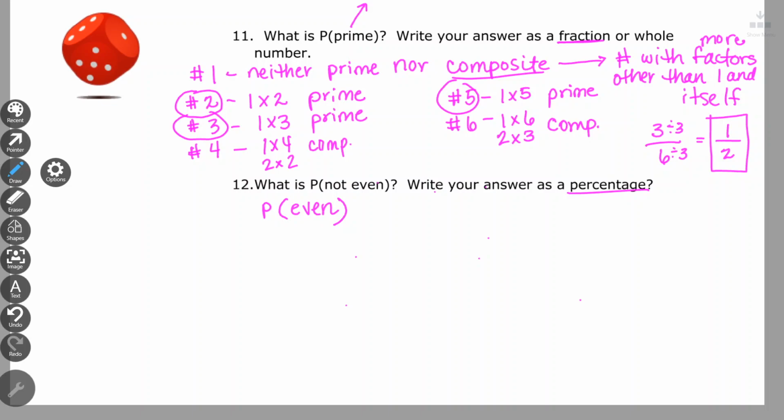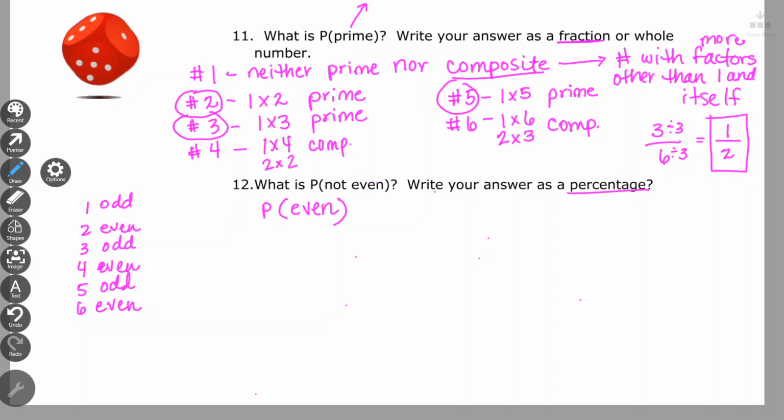Now, what we're going to do is look and say, okay, how many are even? Well, let's write these out. 1, 2, 3, 4, 5, and 6. So how many are even? We know that 2 is even, 4 is even, and 6 is even, right? And we know that 1 is odd, that 3 is odd, and that 5 is odd.